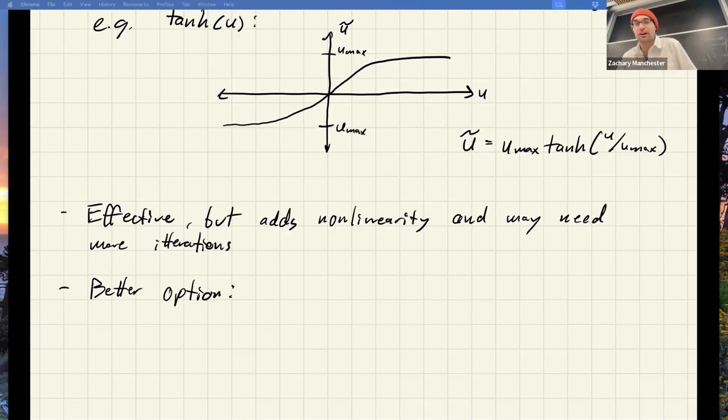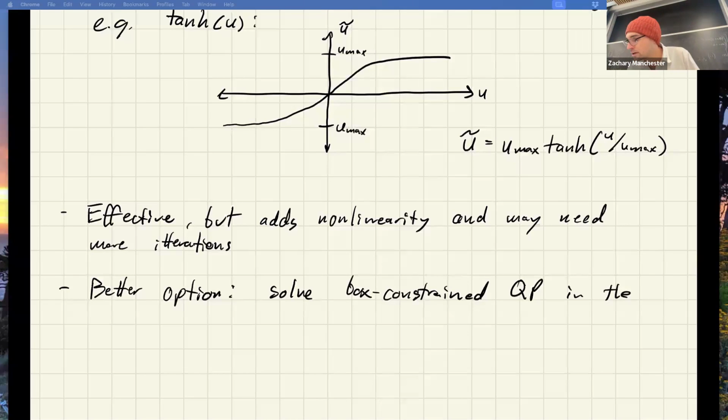So you can do that here. So if we do that, we just solve a box constrained QP in the backward pass instead of doing the closed form answer, which is extremely cheap to do.